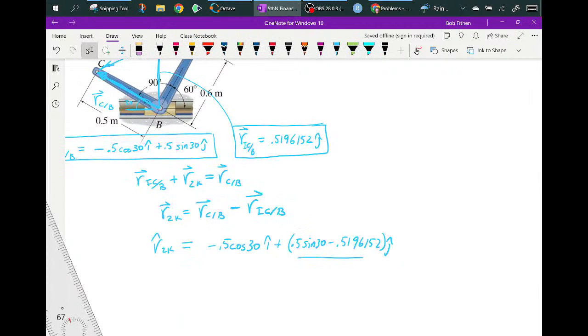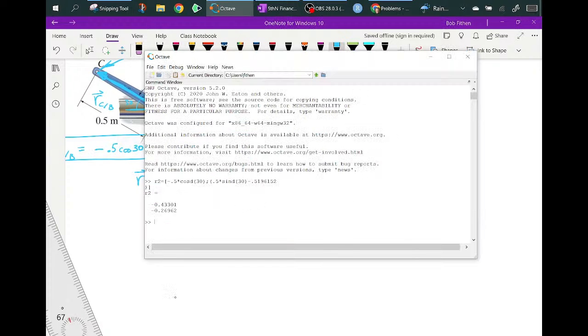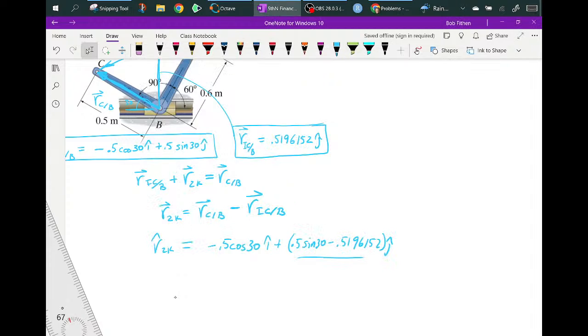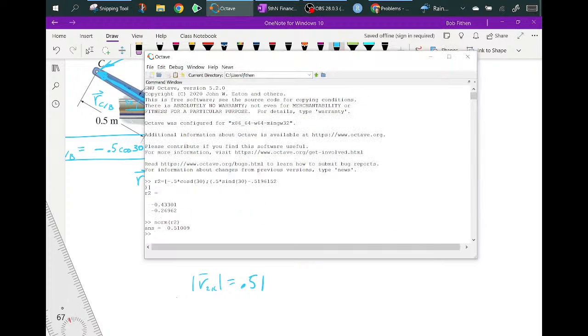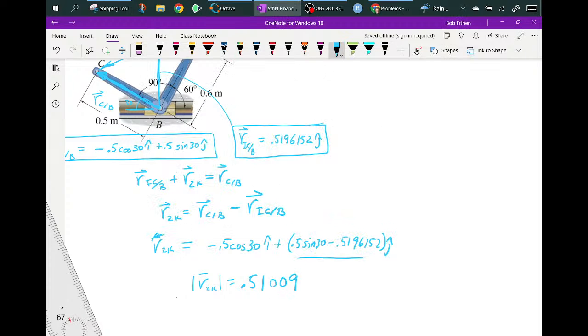And it turns out, what is the size of that thing? Norm R2 is just going to be 0.51. Length of R2 is equal to 0.51009.